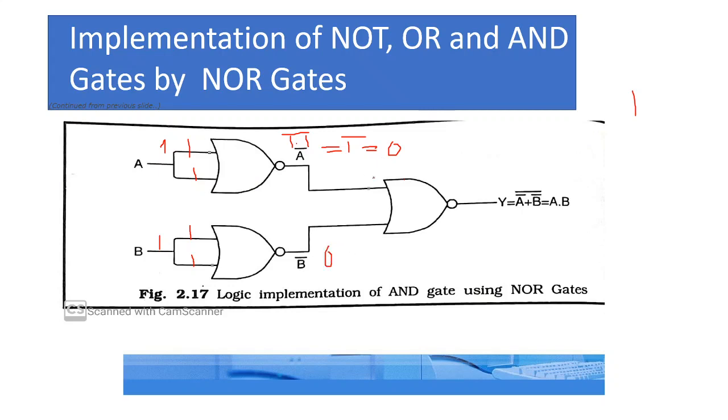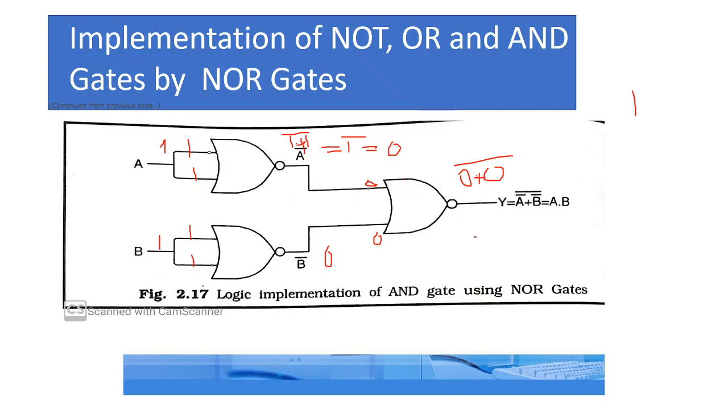So 0 is applied here as an input to the third NOR gate, and 0 is applied here as an input to the third NOR gate. So the output is 0 plus 0, sorry, here the OR gate implements 0 plus 0.